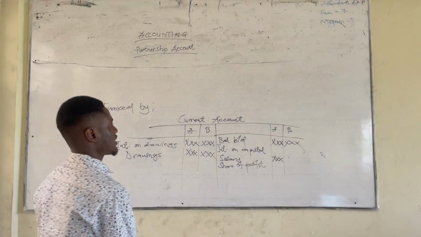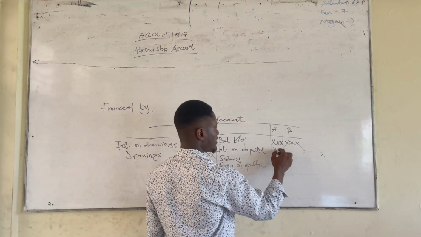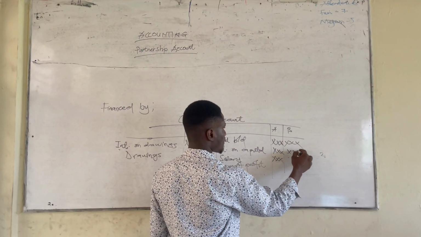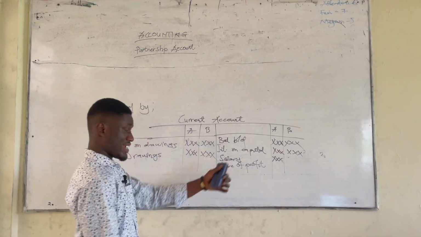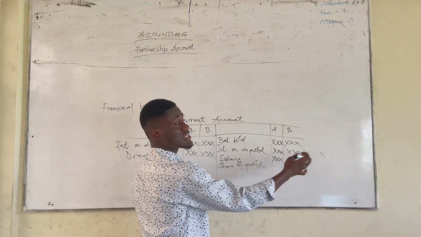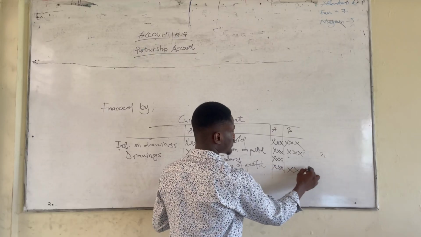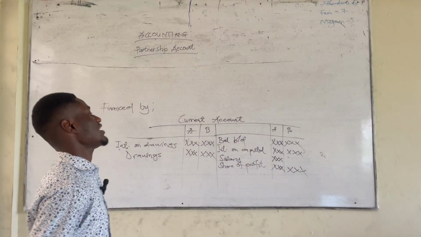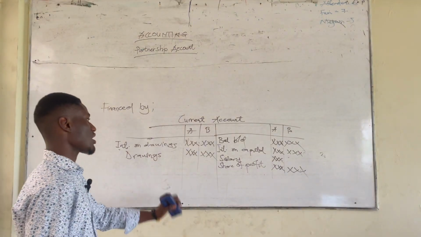And interest on capital, any interest on the capital will be recorded here. Okay. The share of profit by the partners on the residual profit, what each had, will be recorded here. So these are some of the items that will be recorded in the current account.